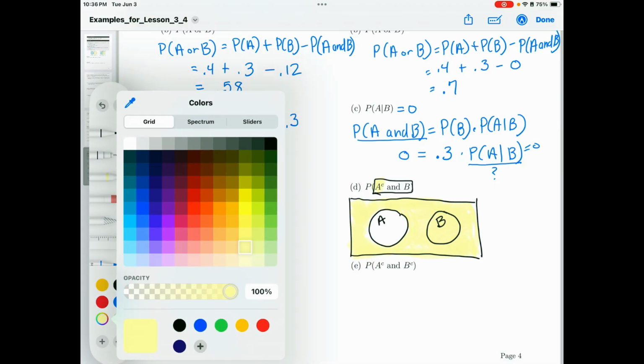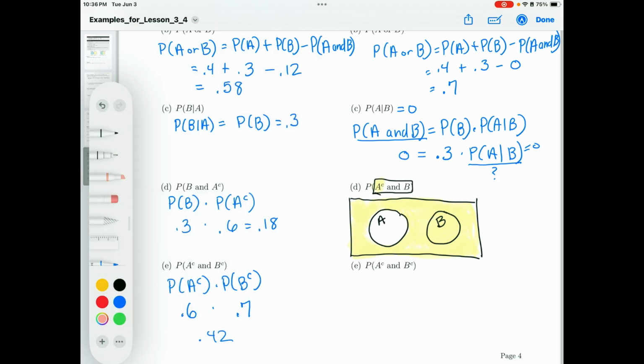Now I'm going to shade B a different color so we can see where it overlaps. So I'll shade the event B in this pink color. So event B is in that pink color. Now, because we're looking for the and statement, we're looking to see where the yellow and the pink overlap.